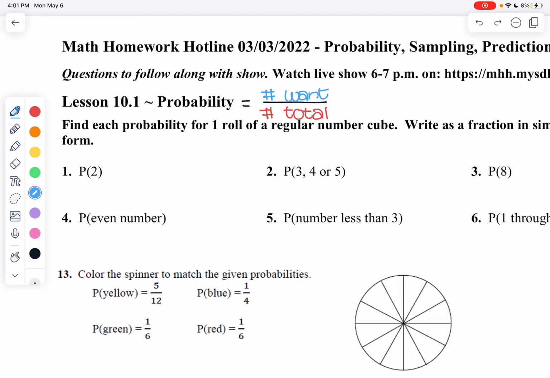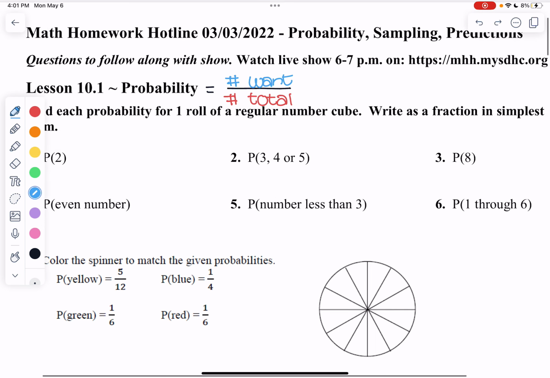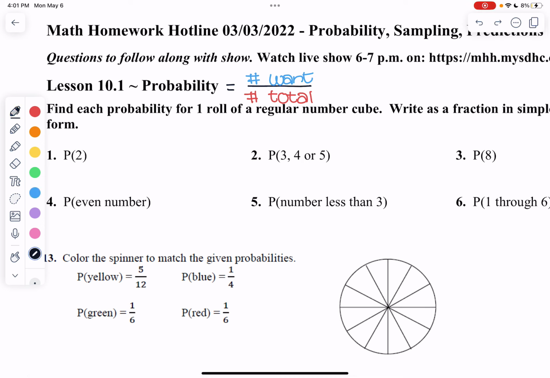These first couple questions say find each probability for one roll of a regular number cube, and write it as a fraction in simplest form. A number cube is also a dice, and it has 6 different sides on it.